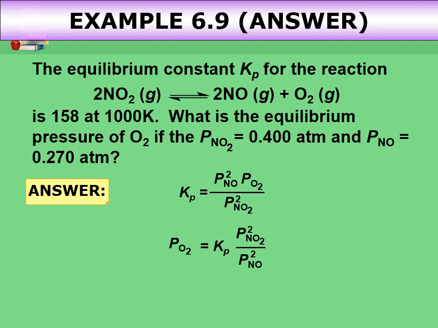So we arrange partial pressure of O2 to become the subject and substitute all the values given in the question. 158 is the Kp constant times 0.4 to the power of 2 and divide all of them with 0.27 to the power of 2. The answer is 346.8 atm.